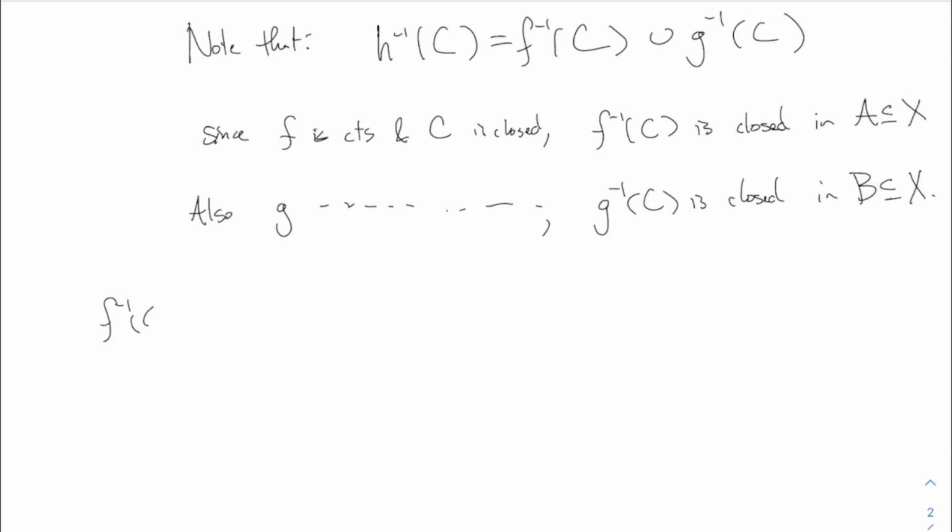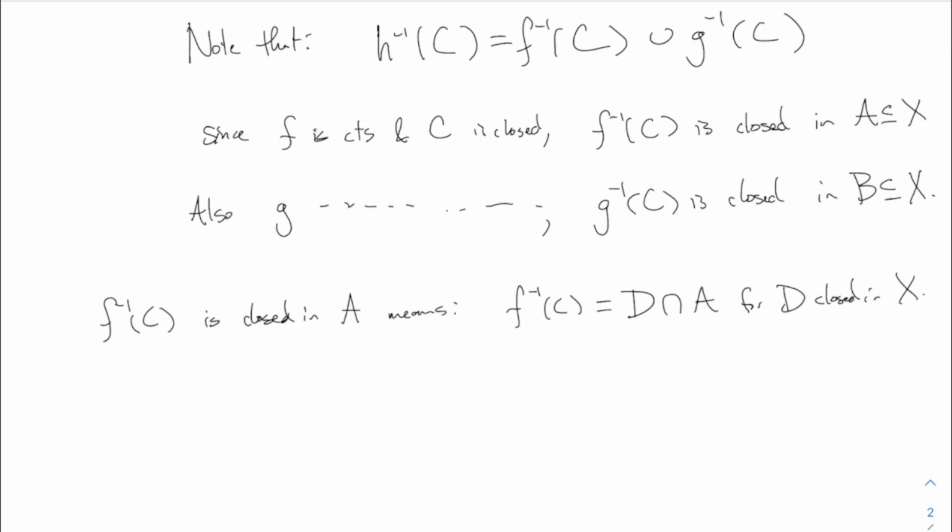So F inverse of C is closed in A means F inverse of C is D intersected with A, for D closed in X. It's the intersection of a closed set. What did we say it was, the subspace topology?